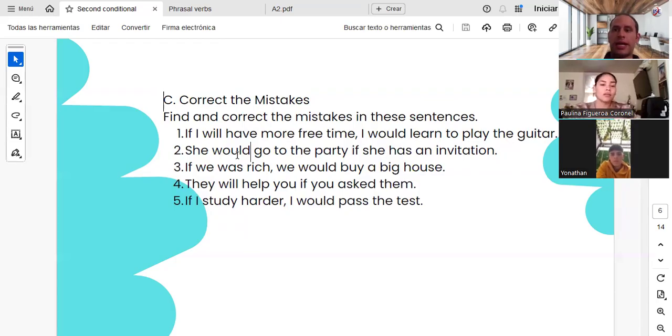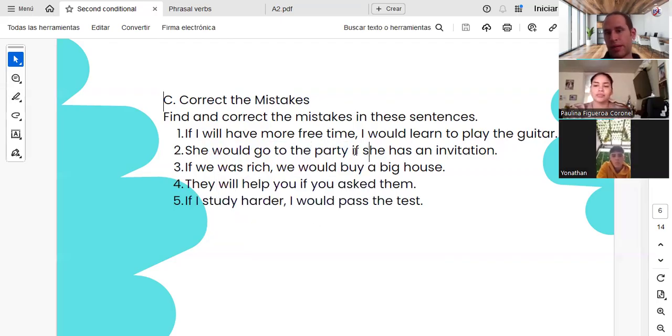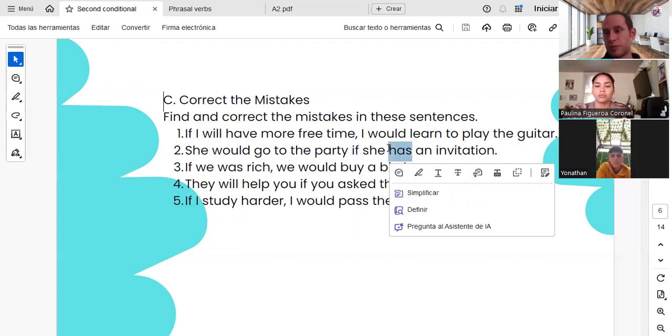The thing to highlight here is when you start with the main clause, remember to drop the comma. You don't need to use the comma, right? Notice there's no comma. And be careful with the if clause. The if clause is the sentence that has if. In this case, we use past simple.